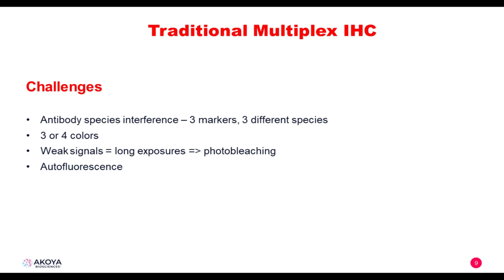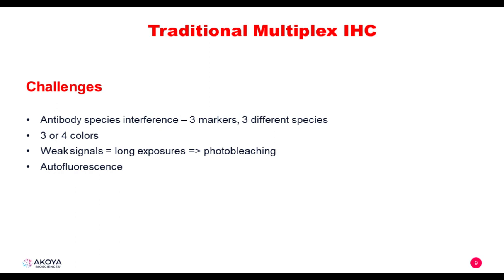To do multiplex IHC in the past, there were a couple of options. You could use directly conjugated primary antibodies, but without signal amplification, often the signals are very weak. The other option that you have is to use secondary label fluorophores. With this method, you can amplify the signal somewhat, but you have to carefully select the species of both the primary and secondary antibody to avoid cross-reactivity.